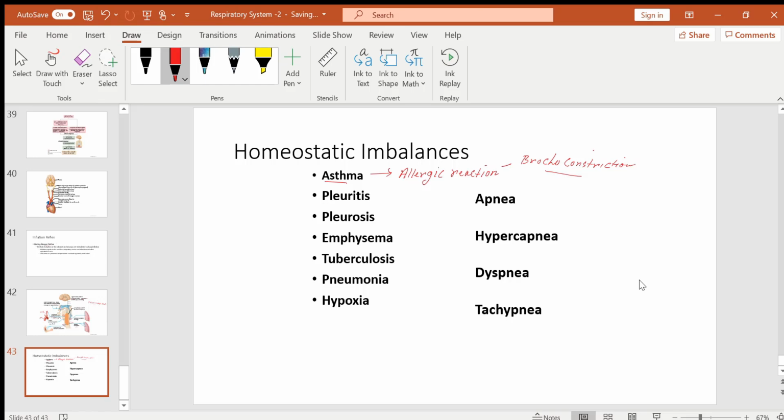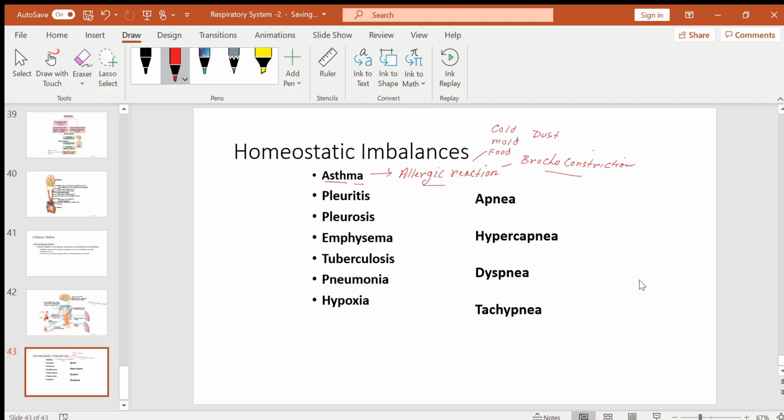Now, what causes asthma? Since it is an allergic reaction, it can vary from person to person. Someone could be allergic to temperature, like cold. Someone could be allergic to mold, right? Someone could be allergic to food, like peanut or certain foods, or dust, right?